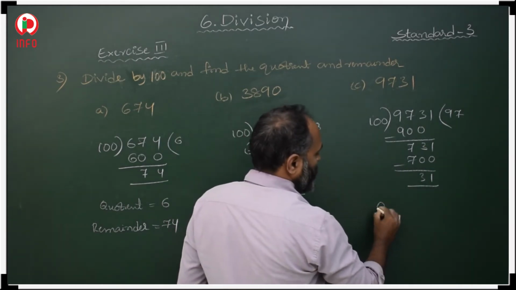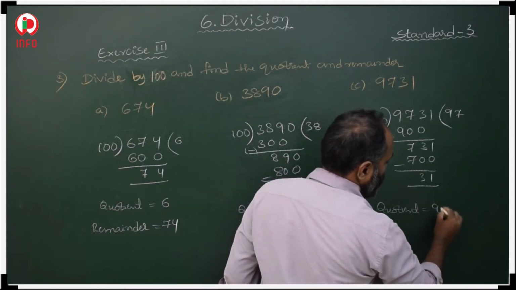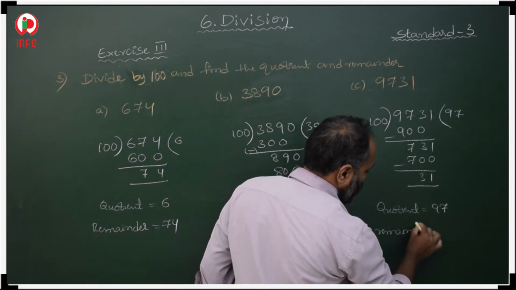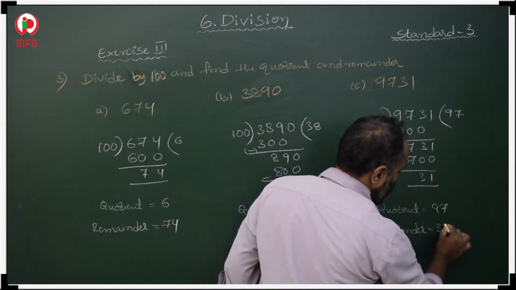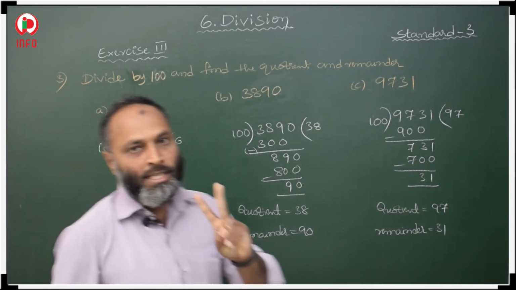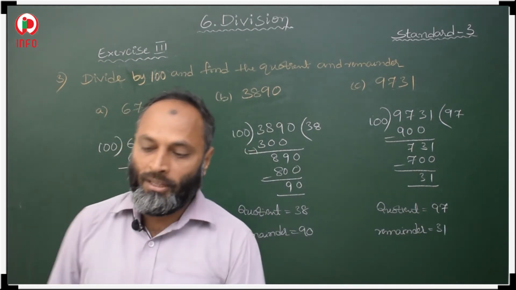Then quotient is 97 and remainder is 31. So when we divide by 100, the last 2 digits are your remainder and the rest of the places are your quotient. Remember this one, okay?